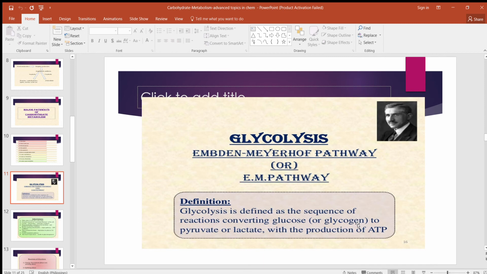In excess, pag hindi na niya kayang i-convert into glycogen, it will be transformed into fat. Dyan na tayo nagkakaroon ng mga adipose tissues, ng mga bilbil, mga beer bellies na sinasabi.